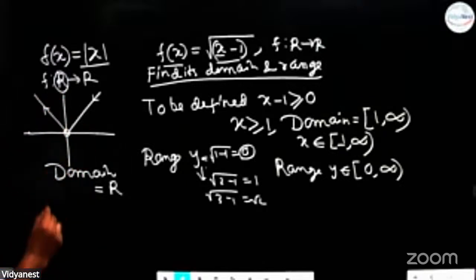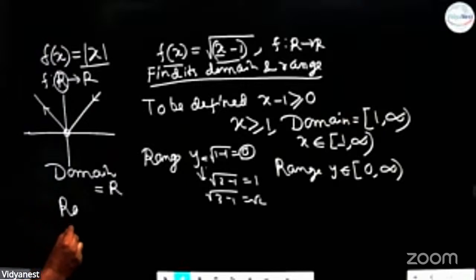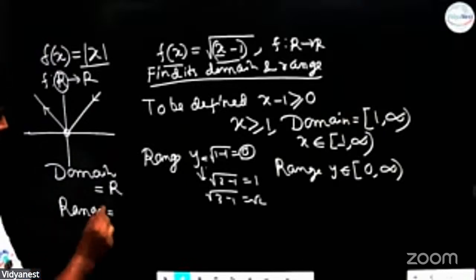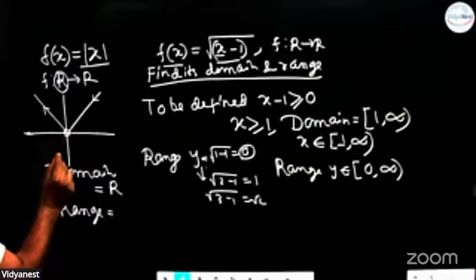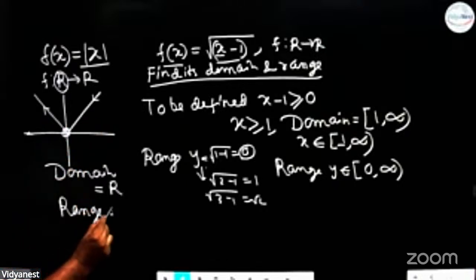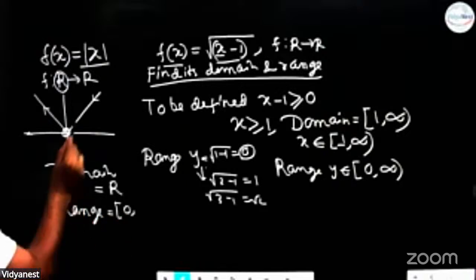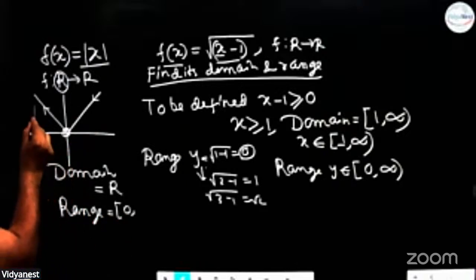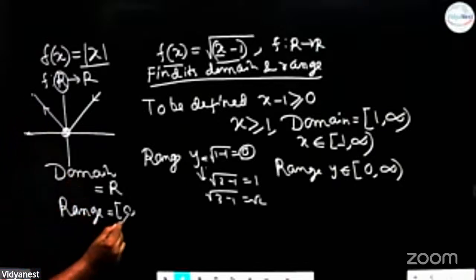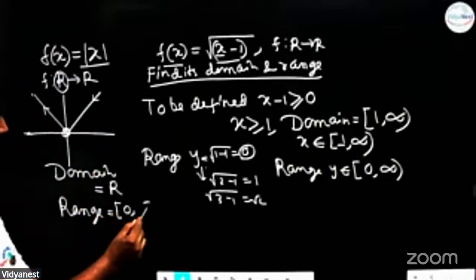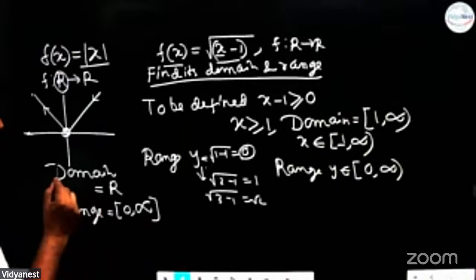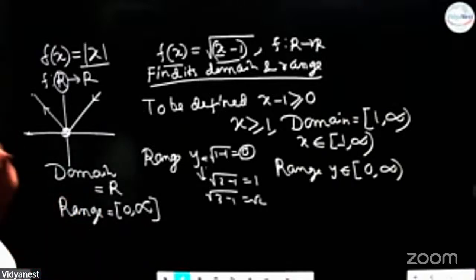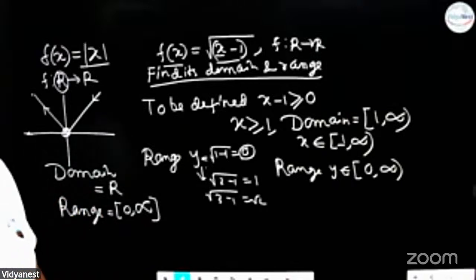So range will be, when this line meets the x-axis at this point, y will be 0. The line bumped at this point and returned back, so it will go infinitely upward. So this is the range. Understood?